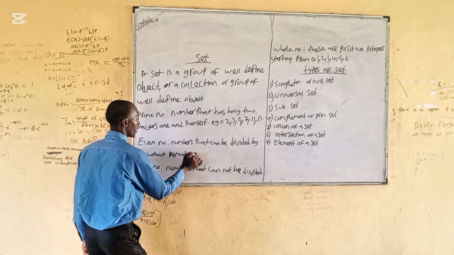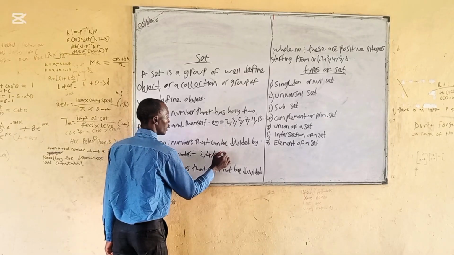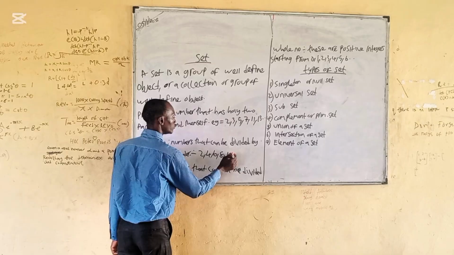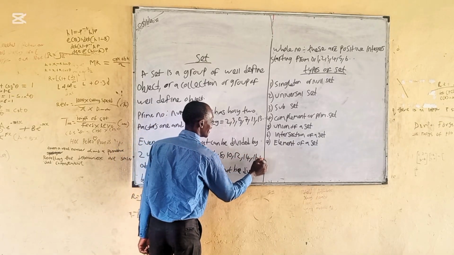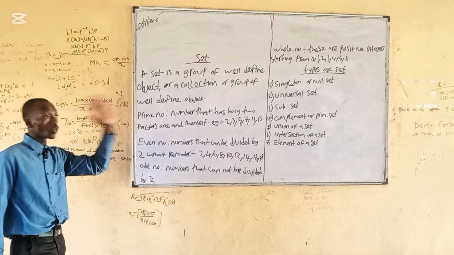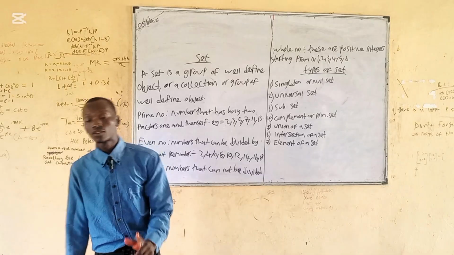Examples of even numbers: 2, 4, 6, 8, 10, 12, 14, 16, 18, and so on and so forth, going to infinity. These are numbers that 2 can divide without any remainder.